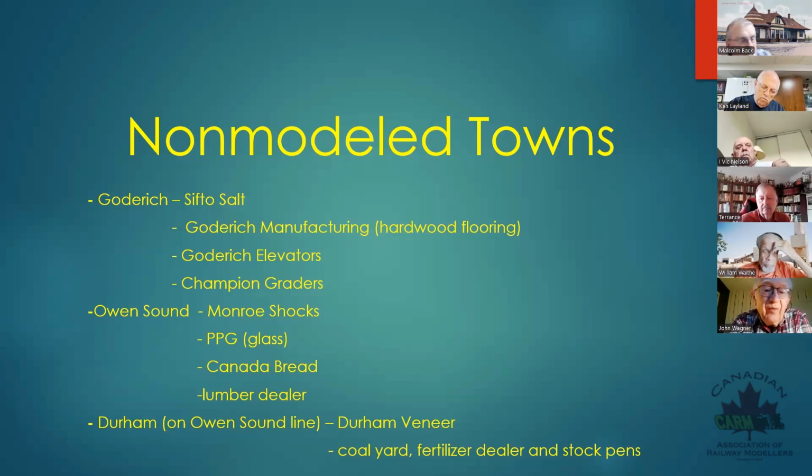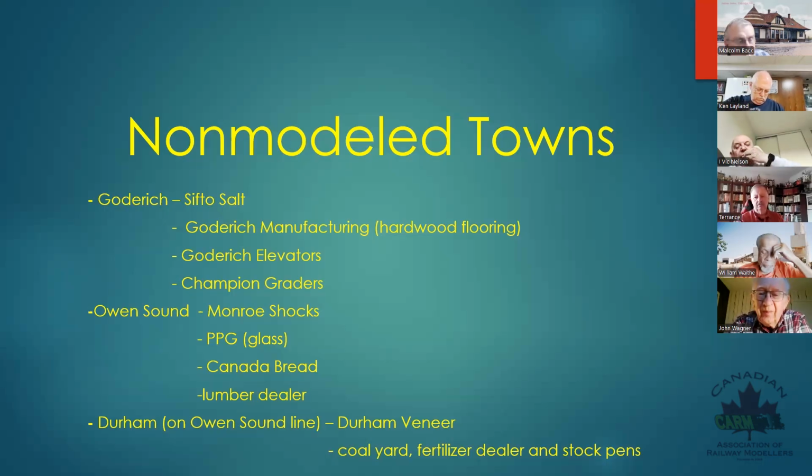Owen Sound, I have Monroe Shocks, the glass plant. I discovered there was a Canada Bread plant up there, so we ship a bit of flour up to them, and the lumber dealer. And Durham on the Owen Sound line, it was Durham Veneer, so they get logs. And there's a coal yard and fertilizer dealer and some stock pens. So I don't think that many of my operators really care what's in the car or where they're going, but I do.